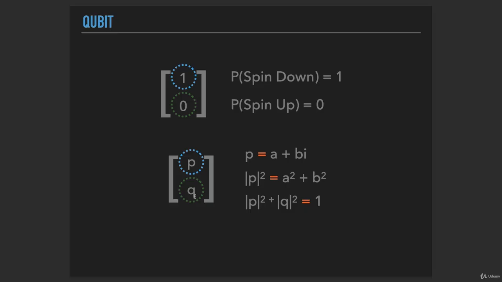And if we square these numbers, get these squared magnitudes and sum them, then we should have 1, because it's either gonna be spin up or it's either gonna be spin down. So we know that this should add up to 1, like add up to 100%.